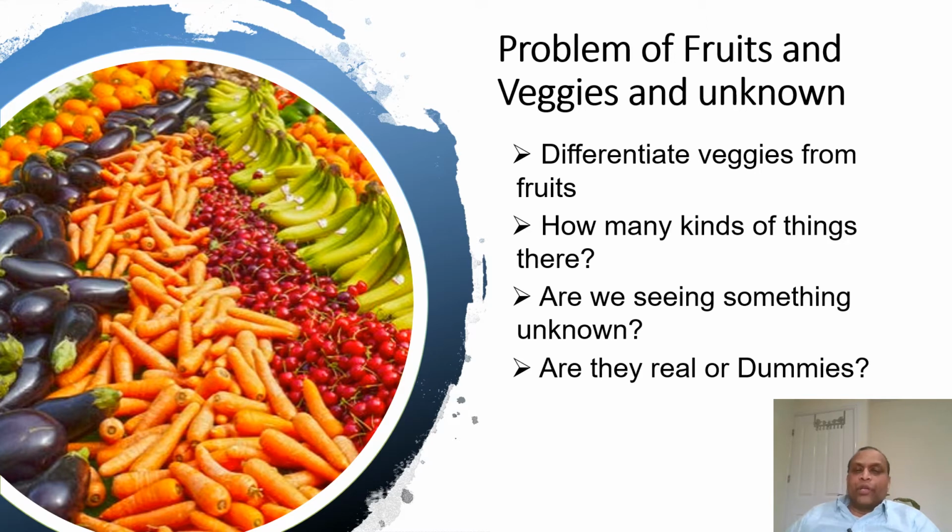Now, kiwi fruit is available everywhere, except in India. And the most important thing is, are they real fruits, real veggies, or are they dummies, made of paraffin and all these kind of things? By looking at them, you will understand because you are trained to identify them. So you will train the machine to identify them.